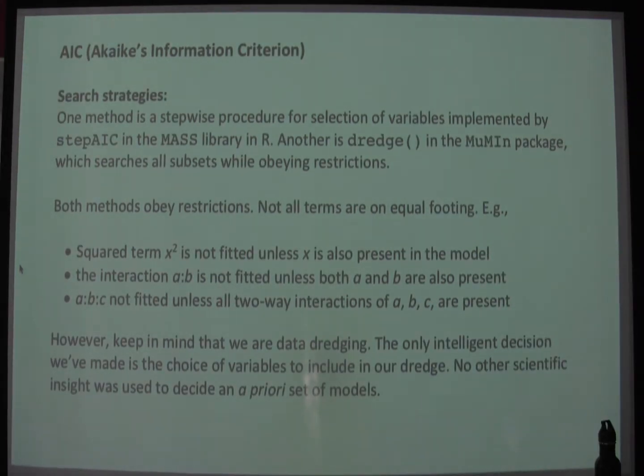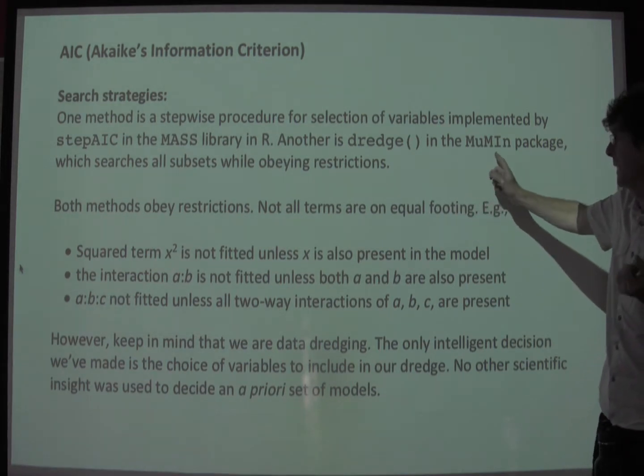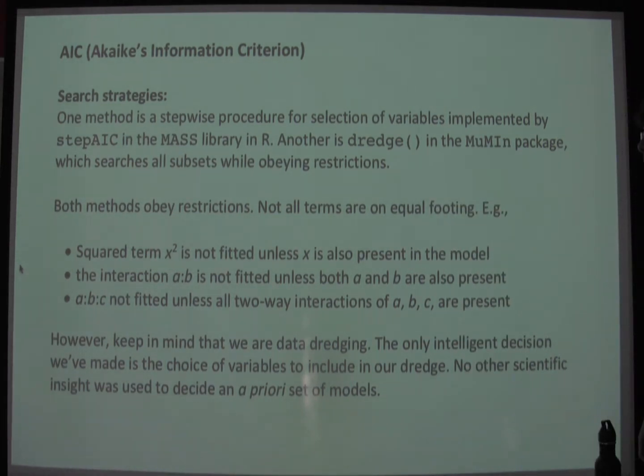There are other methods. There's another procedure in the maths library called STEP AIC, which is another strategy for finding the best model. I guess these are the two that I would recommend giving a try if you ever do model fitting, and we'll try them in the lab this week.